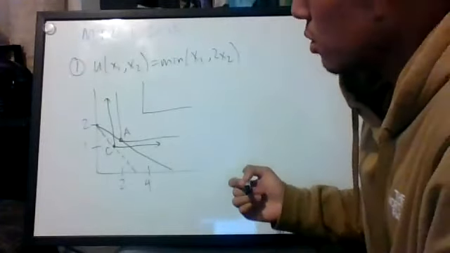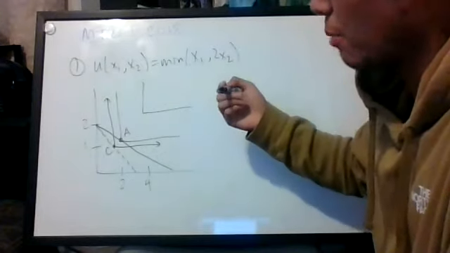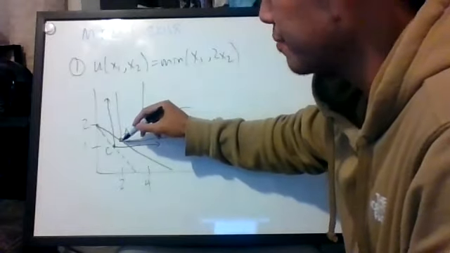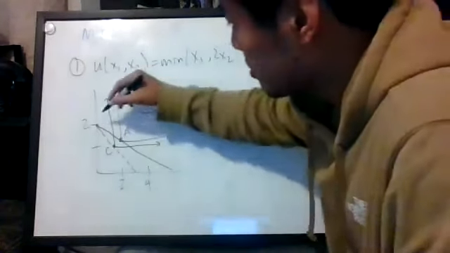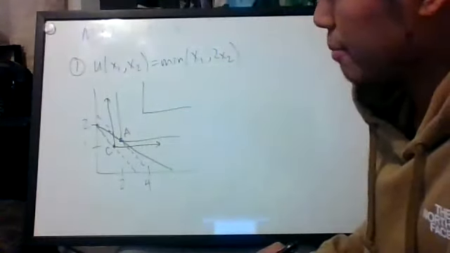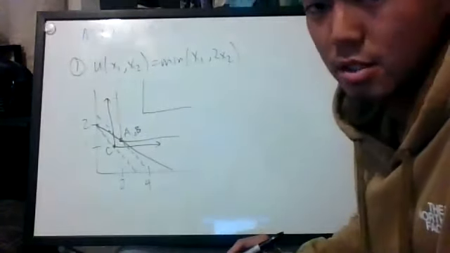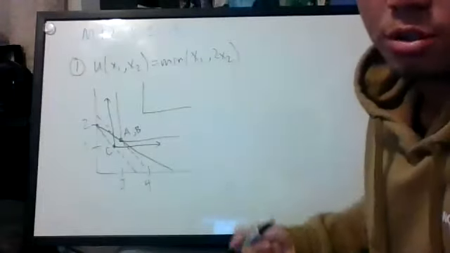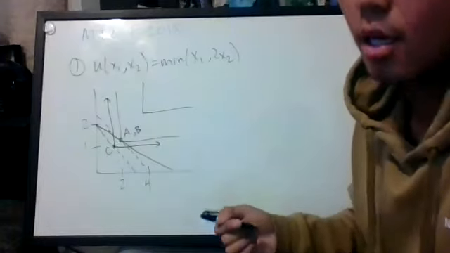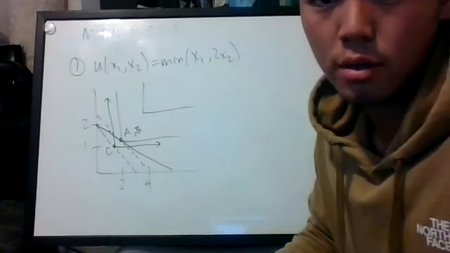So because we're dealing with perfect complements, the optimal bundle is always going to be at these corner solutions, which means that just generally for all perfect complements, point A and point B are going to be at the same place, which implies that the substitution effect is 0 and the income effect is negative, because in this case, the income effect is the total effect.